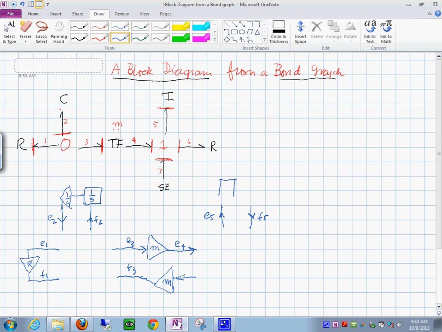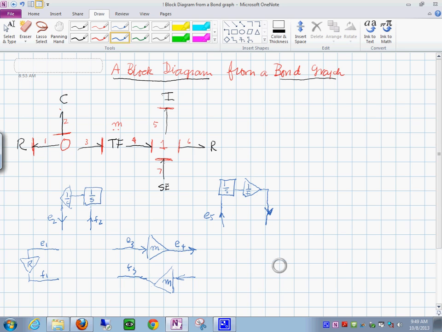It gets integrated first by 1 over S, and then gets multiplied by 1 over I, and out of this comes F. I think it might be good to make it a little wider here so that it's nicer. I didn't know they needed 3 of those, so it's like this.